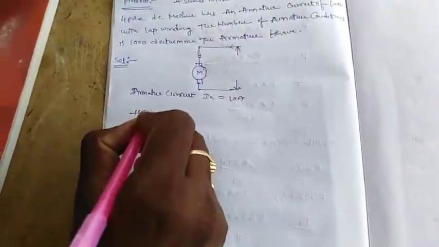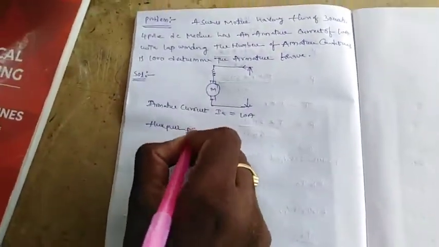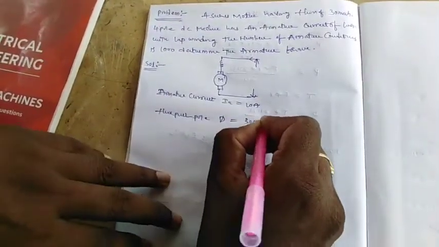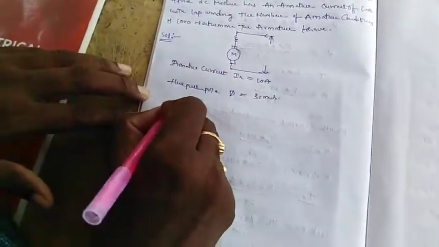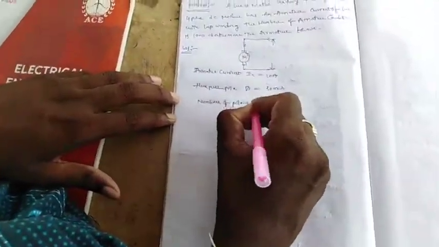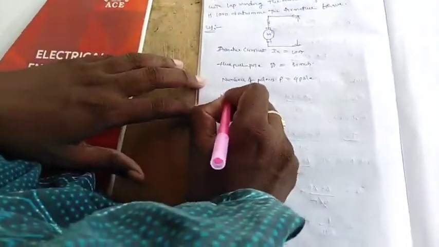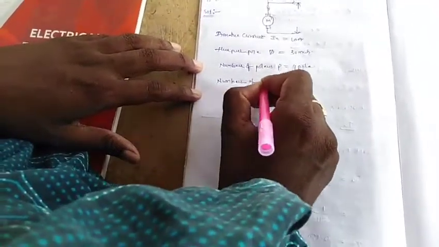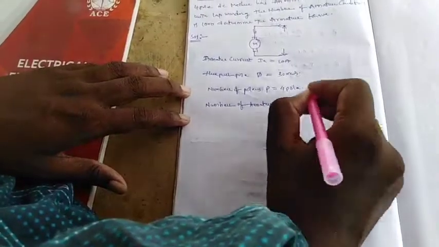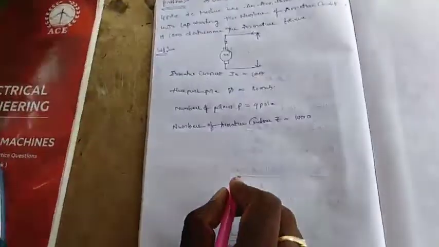Flux per pole phi equals 30 milliwebers. Number of poles P equals 4. Number of armature conductors Z equals 1000.